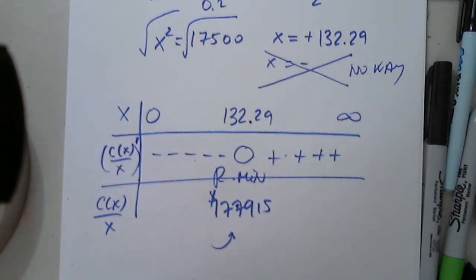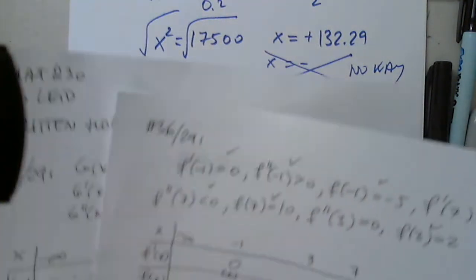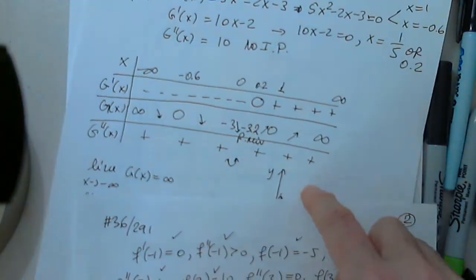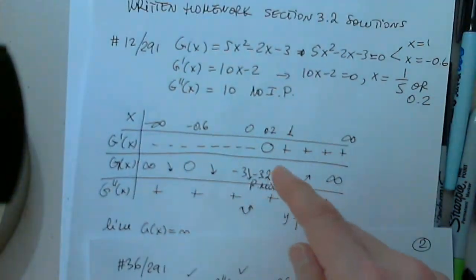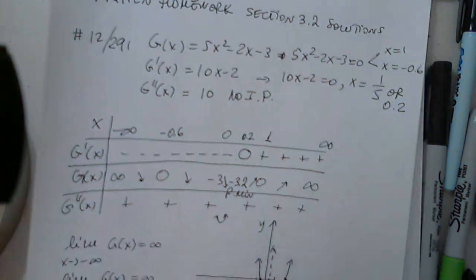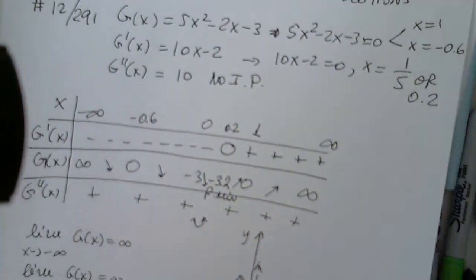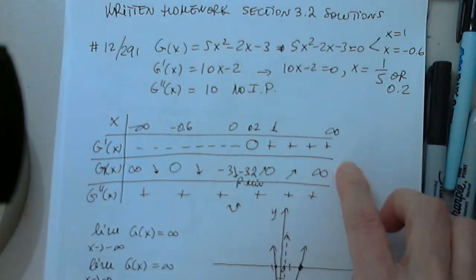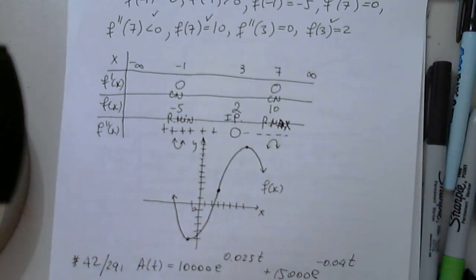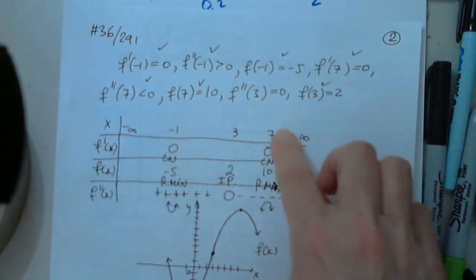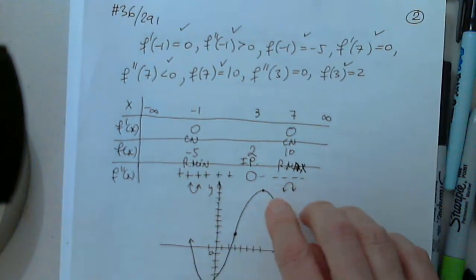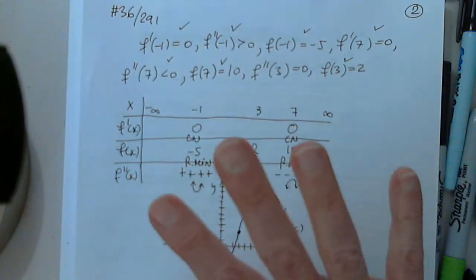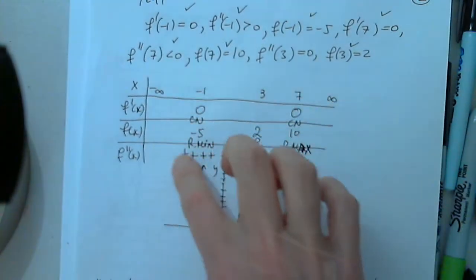Before we continue and I ask you if you have any questions, I was very pleased to see that many of you looked at the solutions from last homework. I was very pleased to see this table in many of your work. Thank you so much. Some of you did not identify the fact that this was a minimum or a maximum, but you are on the right track. You're using the table.